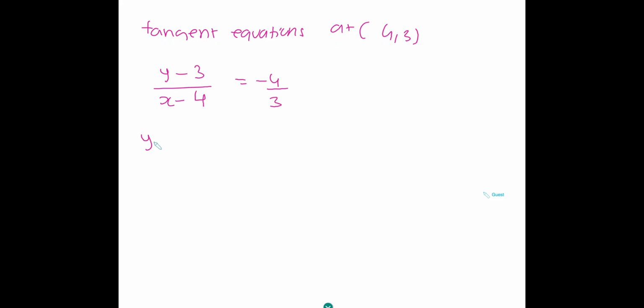So y minus 3 equals negative 4 over 3 times (x minus 4). So y minus 3 equals negative 4 over 3 x plus 16 over 3, and then y equals negative 4 over 3 x plus 25 over 3.